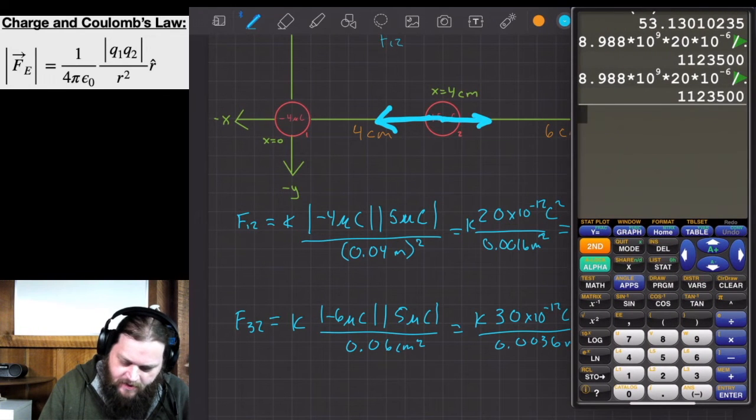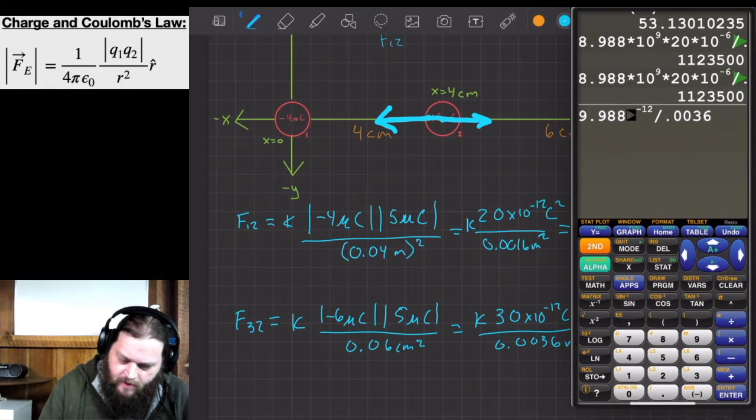So that's going to equal then, let's try it on this one again. We go 30 times 10 to the power negative 12 divided by 0.0036, and I'm going to move back over to here so I can put in that 9.988. I erased everything.